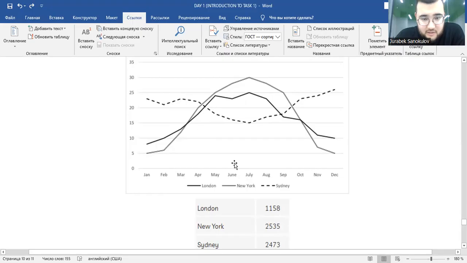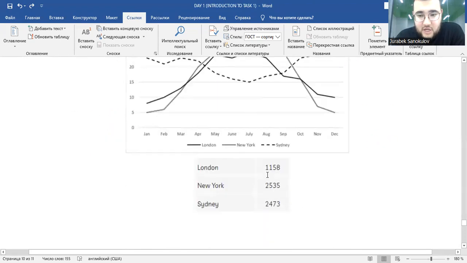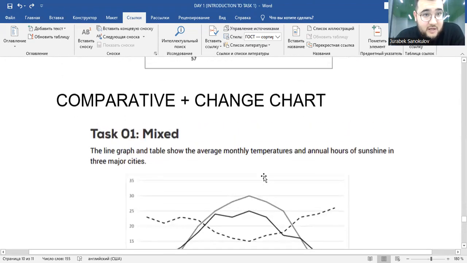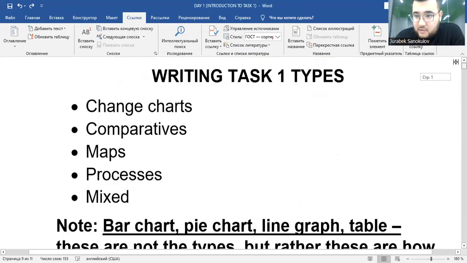And the second one is just a small table. You don't see any years or periods of time in this table. It means that it's a comparative chart, a comparative table.